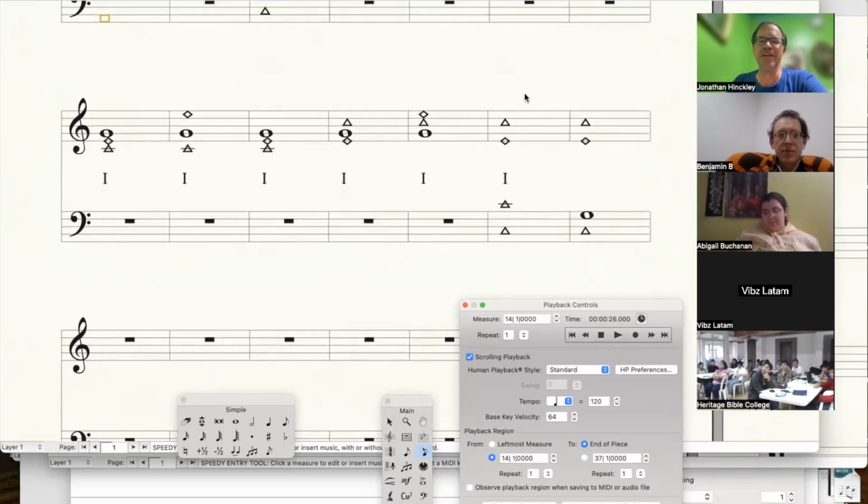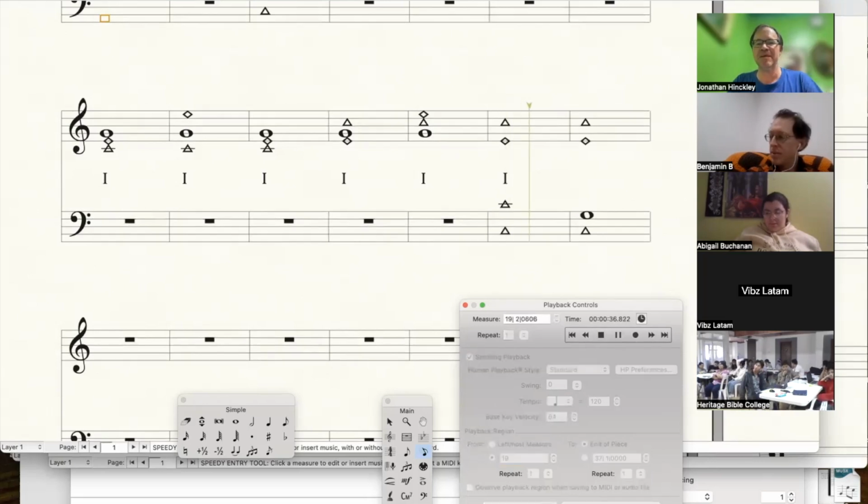Okay, and then the final example here that I gave is, notice this one, we left out sol. We only have the do's and the mi. It's going to sound pretty full, but you're going to notice after that when you fill in the sol, it might sound even more full.